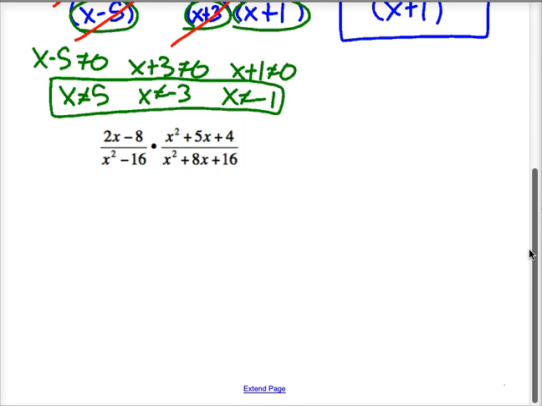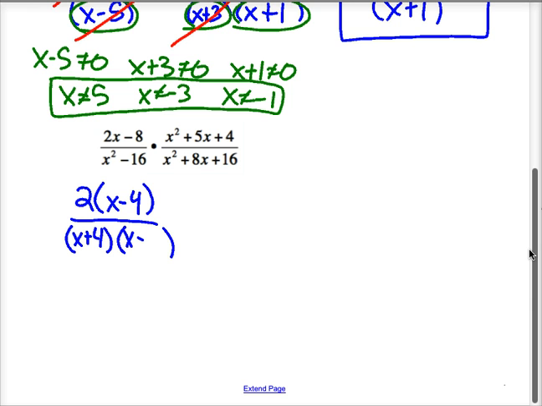All right, let's look at our last one for the day. So again, my first goal, factor everything. So that 2x minus 8, again, something linear. All we're going to be able to do is pull out that 2. X squared minus 16. Difference of squares, that plus minus relationship.